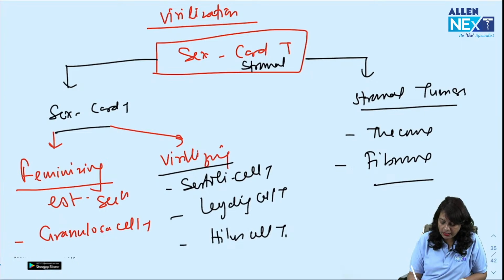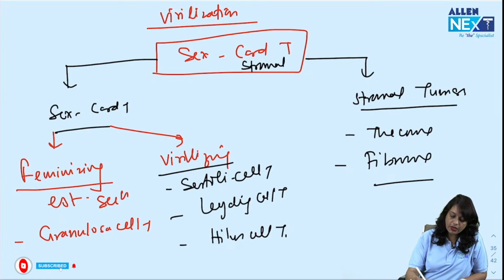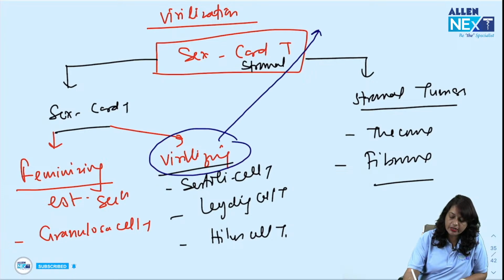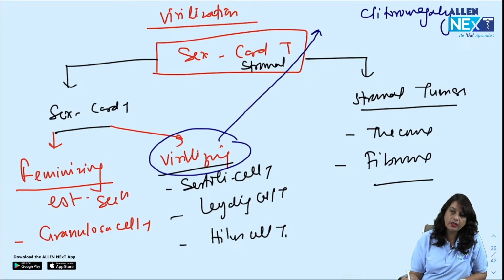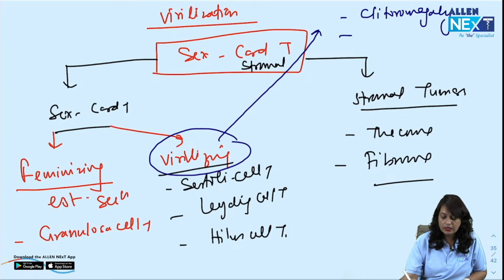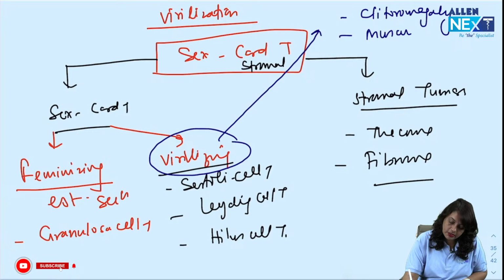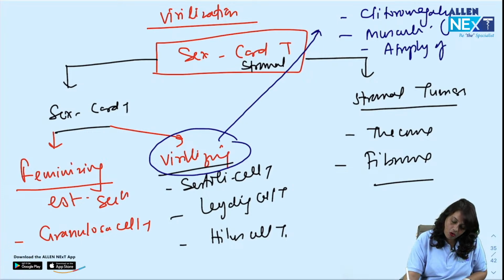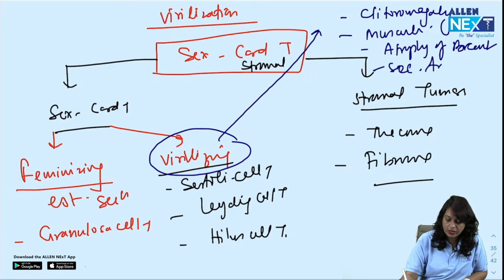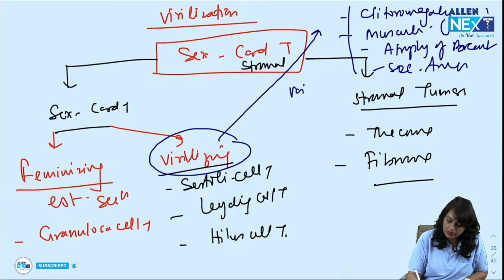What do you understand by the term virilization? Virilization means androgen secreting. So there is clitoromegaly, there is masculinizing body figure, then there is atrophy of the breast, then there can be secondary amenorrhea, and there is change in the voice occurring in the female.